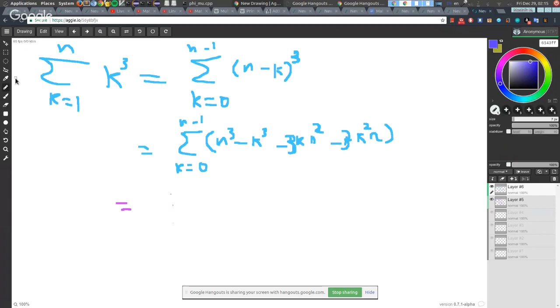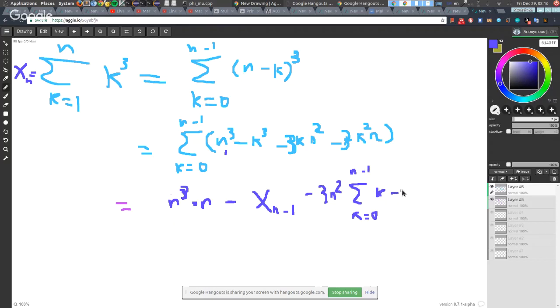We call this, let's say, capital X of n. Here we'll have n to the power 3 times n, the first expression, minus capital X of n minus 1, minus 3n squared times the sum of k from 0 until n minus 1.